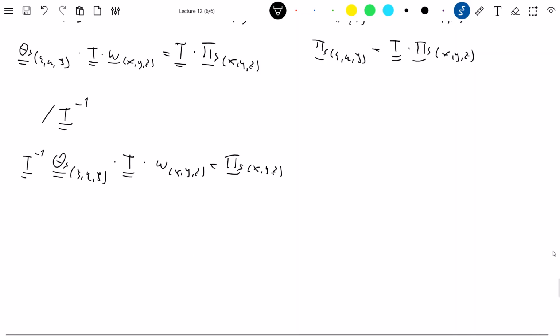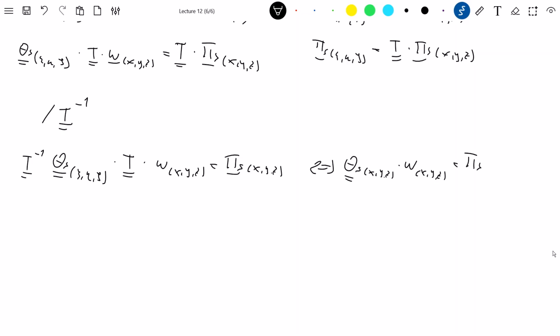So since we have this, this is analogous to writing, we also know that Θs in the x, y, z times ω in the x, y, z is equal to Πs in the x, y, z reference frame.